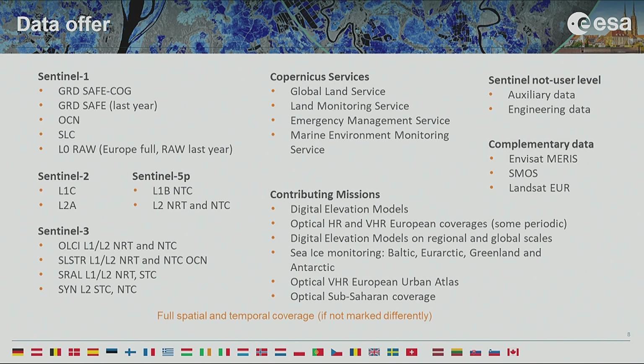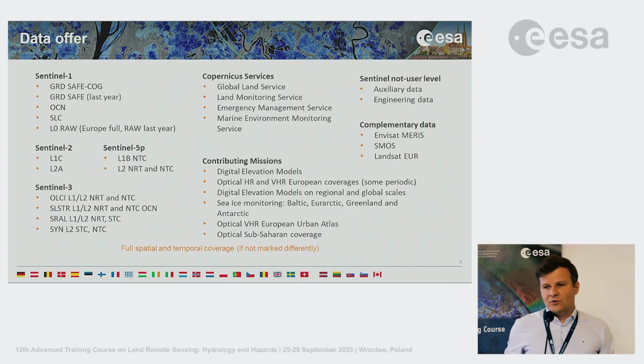So you have all the products from Sentinel-2, level 1, level 2, Sentinel-3. You will have access to many products from Copernicus services, not all of them, for example, not the climate ones or the atmospheric ones, which are not image based, but more like a data cube, so they were not fitting here.